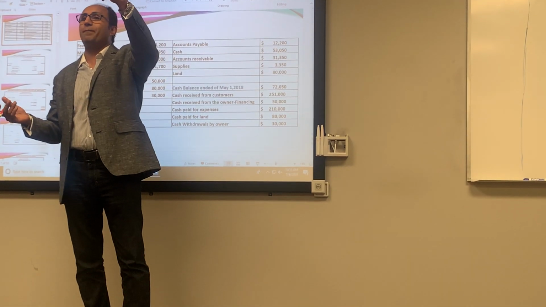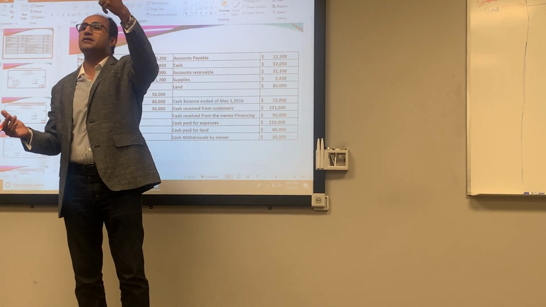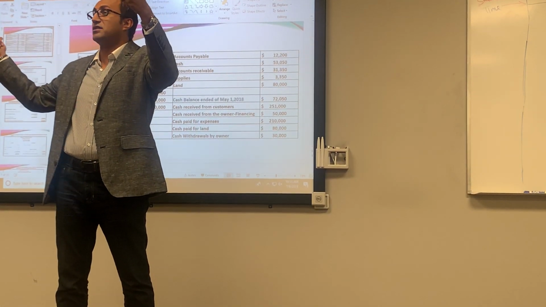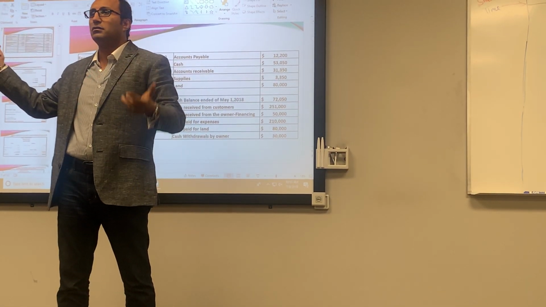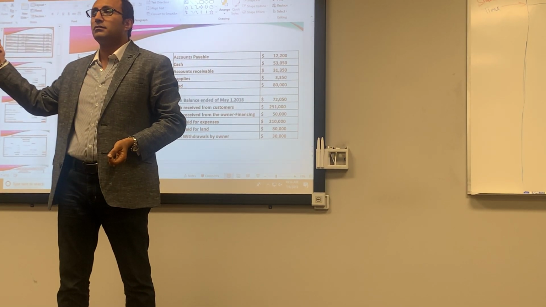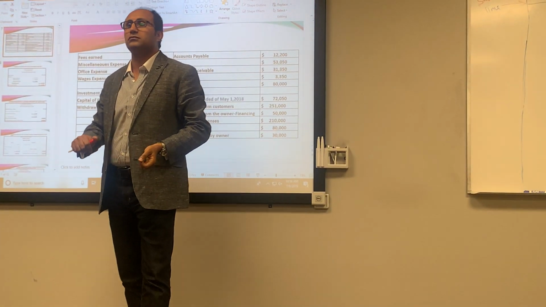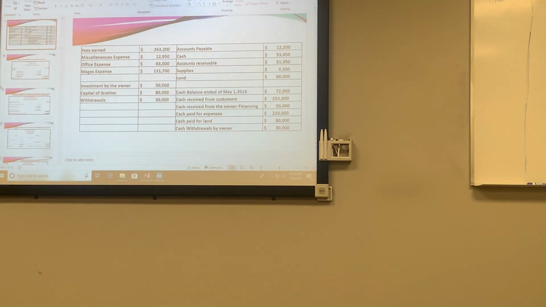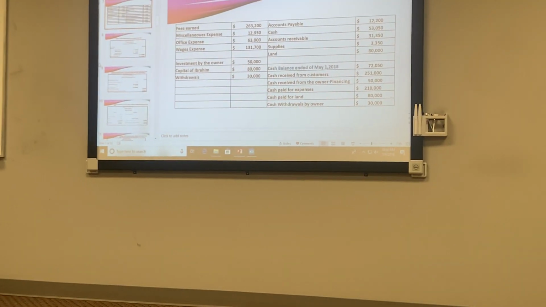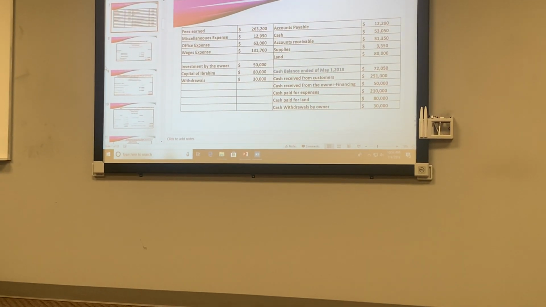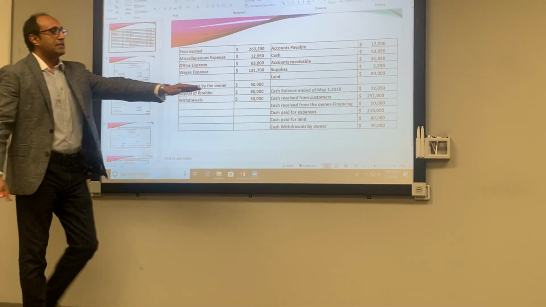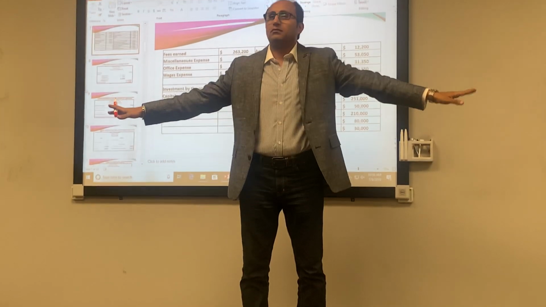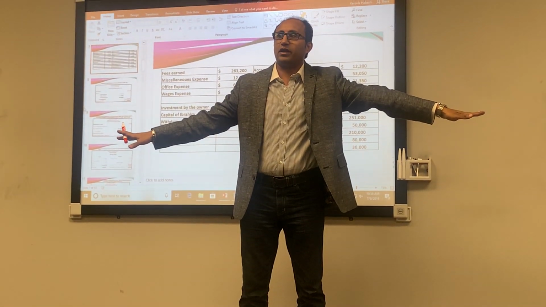And how many sections in the balance sheet? Three sections. As I count the equation, assets on the left side, and on the right side two sections, liabilities and owner equity. Give me the total number of assets, liabilities, and owner equity.